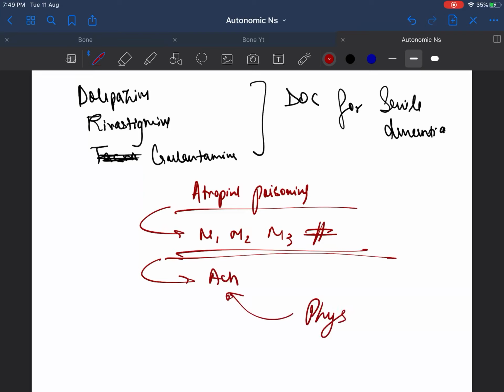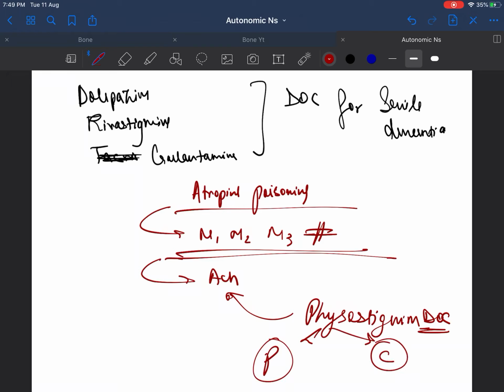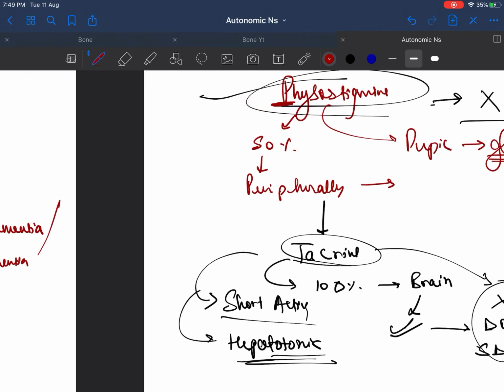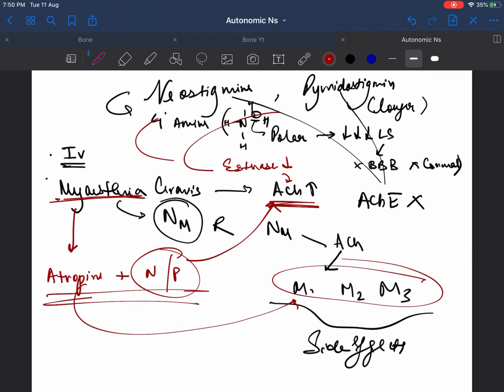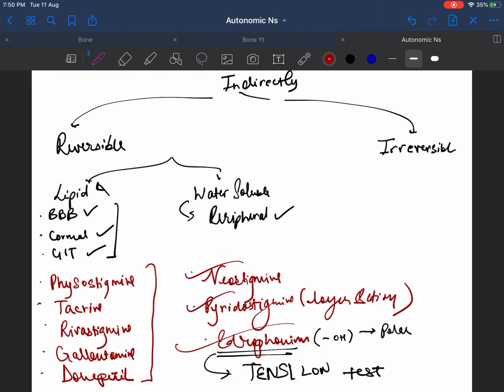Physostigmine. Physostigmine is a beautiful drug. It is the drug of choice in cases of atropine poisoning because it acts peripherally and it acts on the central nervous system also. So this is all regarding the reversible blockers of AChE.